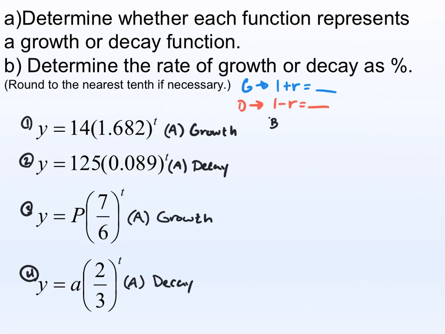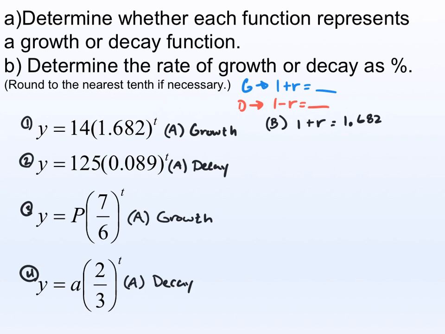So to figure out this second one here, we know that we had 1 plus our rate equal to 1.682. Is everybody with me? Okay. Well, to figure out what your R value is, you have to get it by itself. So to do this, we're really just subtracting 1.